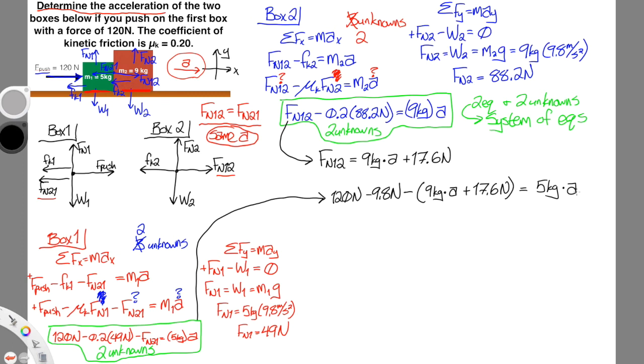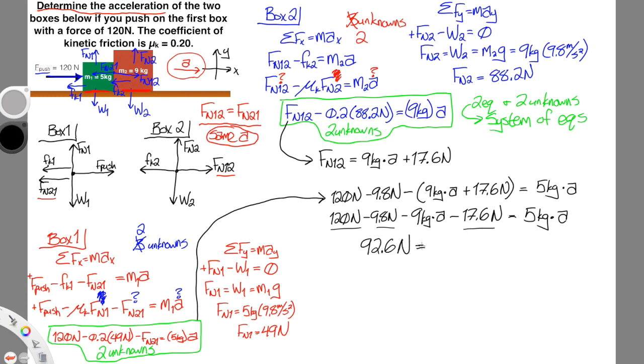So now we want to group like terms, so I'm going to distribute first: 120 newtons minus 9.8 newtons minus 9 kilograms times A minus 17.6 newtons, because that negative distributes into both of these terms, equals 5 kilograms times A. Combining all the terms on the left side that are just numbers, so these three, gives us 92.6 newtons on the left.